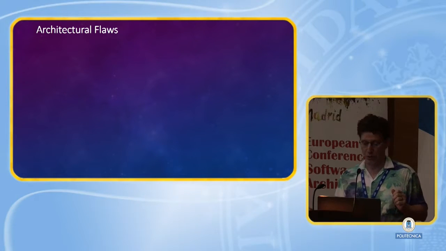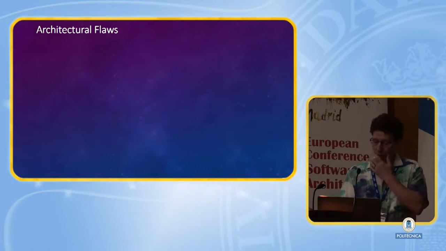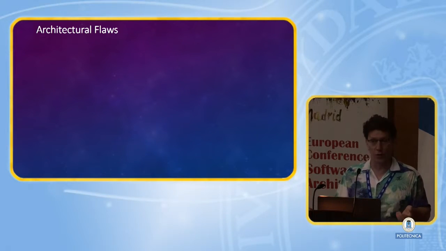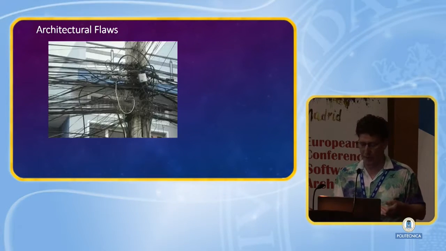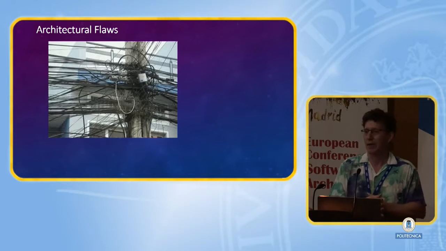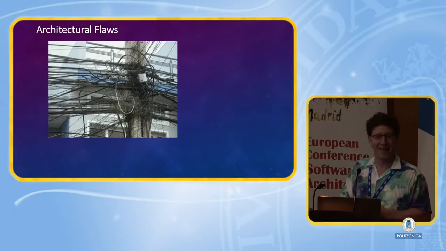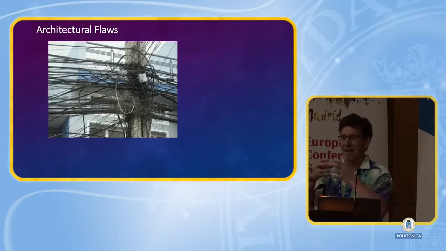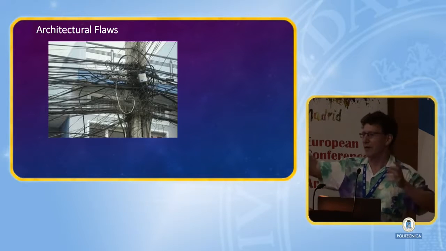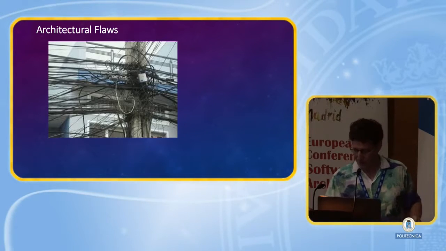And so what are architectural flaws? Well, we've all seen them, we all know them. You've probably heard terms like anti-patterns or architectural anti-patterns, and we see these in real life, right? You see the big ball of mud, a tangled mess of code, the God class that tries to do everything and is involved in every part of the system.